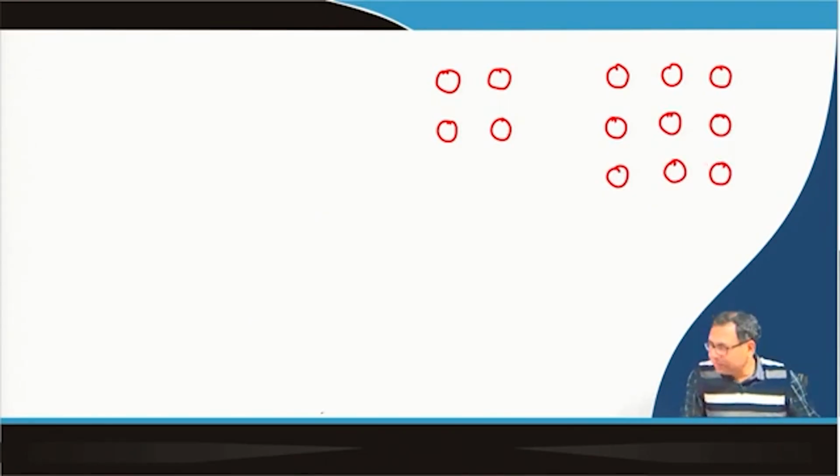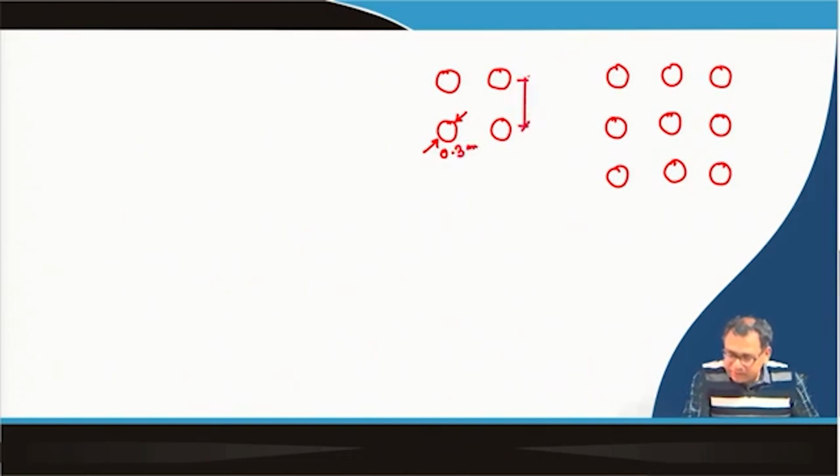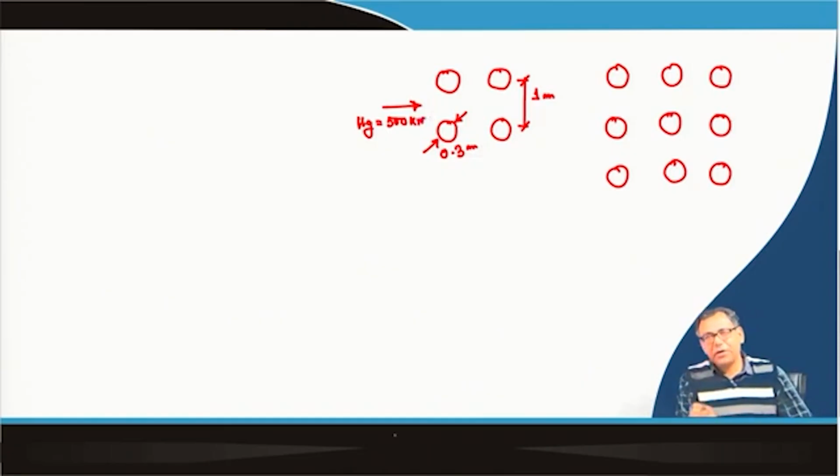So, this is a pile group whose diameter is 0.3 meter and the spacing between the piles is, say, 1 meter. Now I want to determine the deflection of this pile group where the lateral load applied on this group is 500 kilonewton.